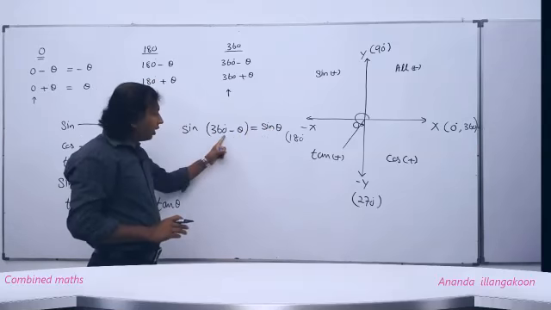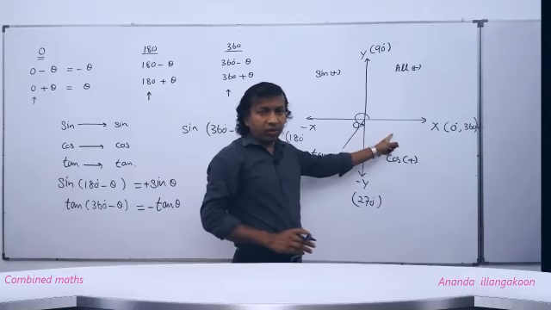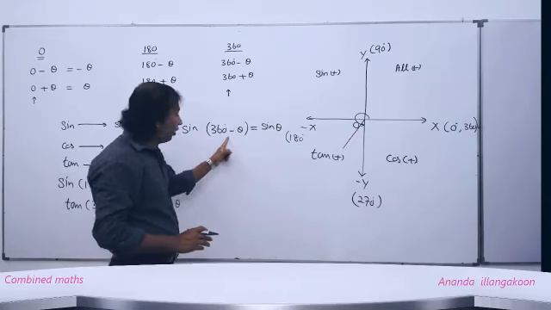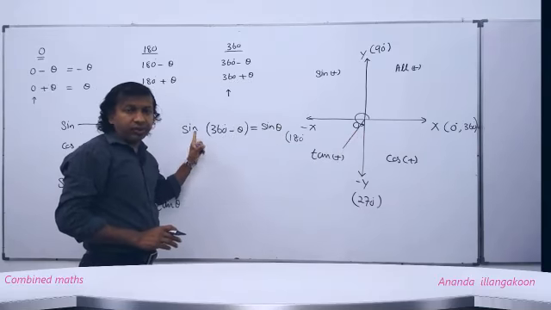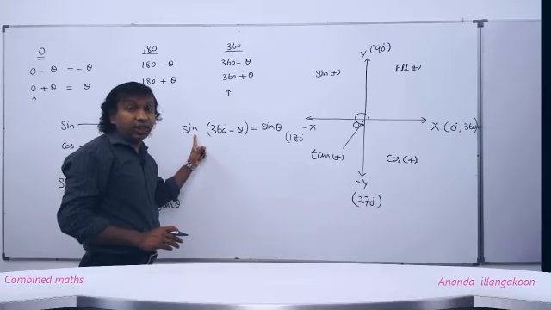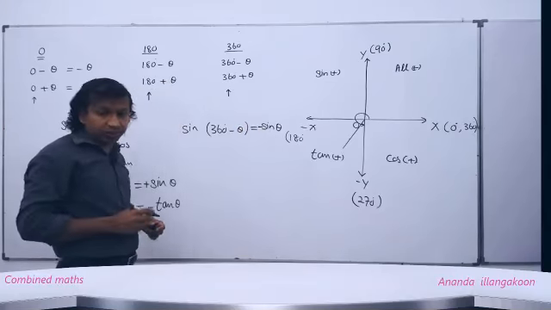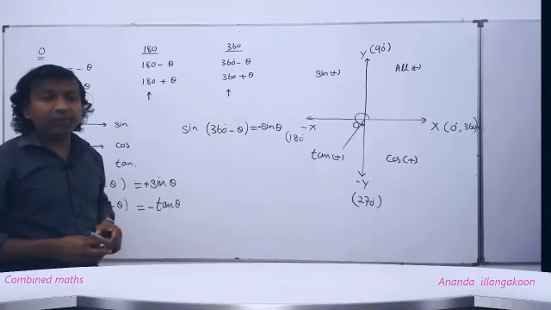Now, where is this angle? 360 minus theta is in the fourth quadrant. In the fourth quadrant, only cos is positive, but here we have sine. In the fourth quadrant, sine is negative. So therefore, that minus sign we have to put before this on the right hand side. That's all.